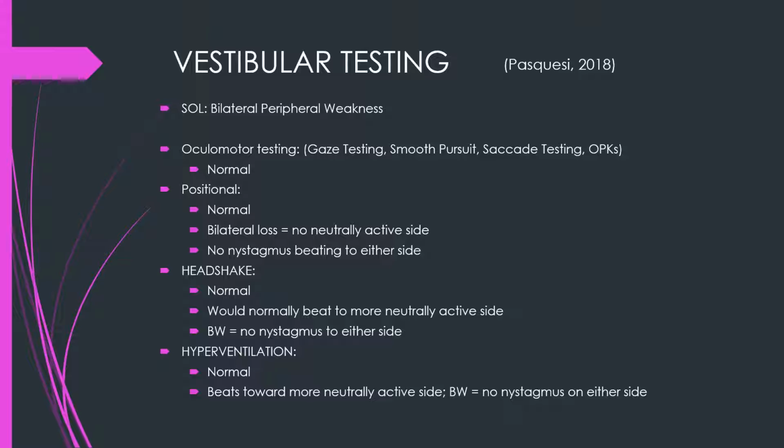Normally, what we're looking for is nystagmus for these tests, and normally the nystagmus would be towards the more neurally active side, but because there is a bilateral loss, there's no neurally active side. So you wouldn't see nystagmus beat to either side. Head shake, again, normal because there's no neurally active side. Hyperventilation, again, normal.